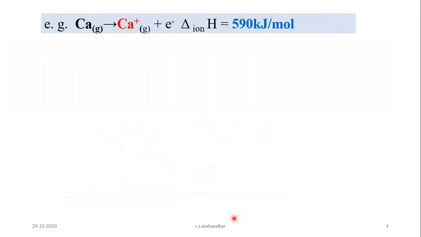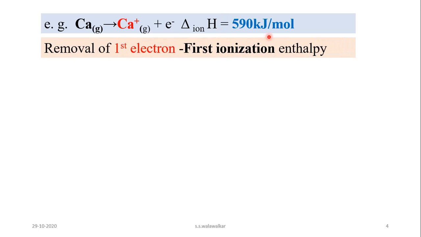Another example is calcium. When 1 mole of calcium atom in a gaseous state ionizes and gives calcium plus 1 ion in a gaseous state, the energy required is 590 kilojoules. That is called the first ionization enthalpy, as this is the energy required to remove the first, outermost electron.